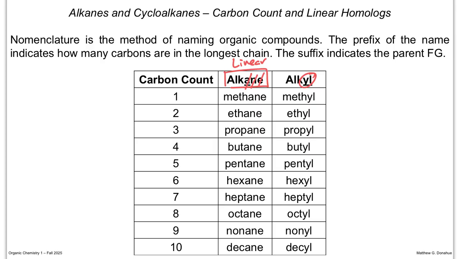So we'll look through some examples of this, and that comes into play when there's branching off the longest chain. The other functional groups that you learned, things with heteroatoms, like OH hydroxy group, that's alcohol nomenclature, and that'll be slowly introduced as we learn those different functional groups. But for now, we're mainly looking at just stuff with carbon and hydrogen.